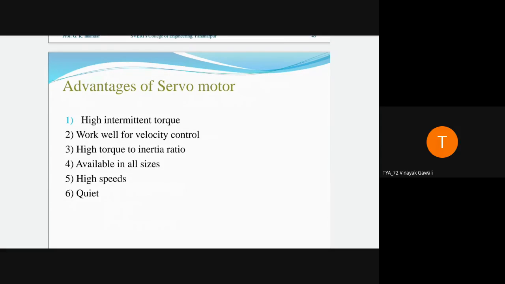Now available in all sizes. These types of servo motors are available in any sizes. Suppose in our mobile also, all types of motors are required. Suppose vibration: what is the structure of a vibration machine?